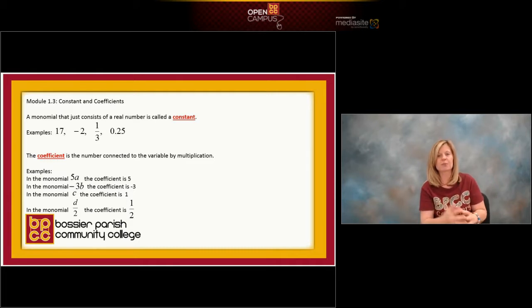The next expression is just the letter C. Now I know what you're thinking. You say, well, there is no number working with that C. Remember, to be a monomial, the number and the letter are side by side, so they're connected by multiplication. So what number can you multiply to C that will not change it, that will keep it the letter C? Well, think about third grade math.